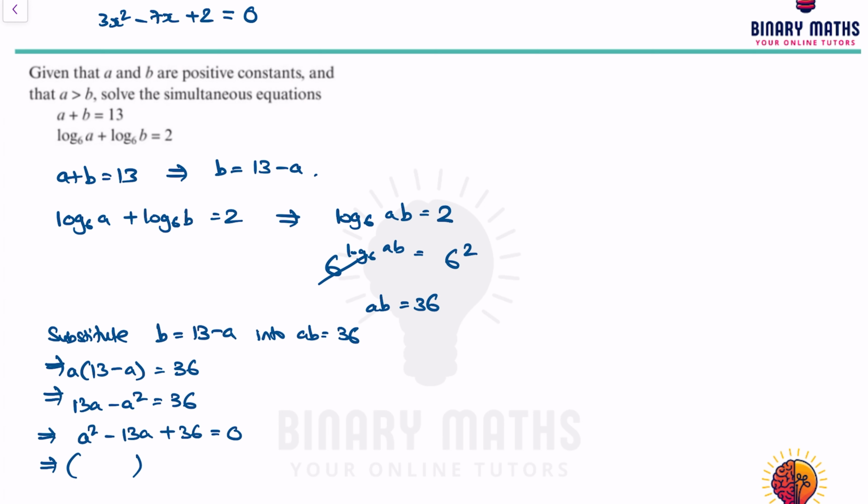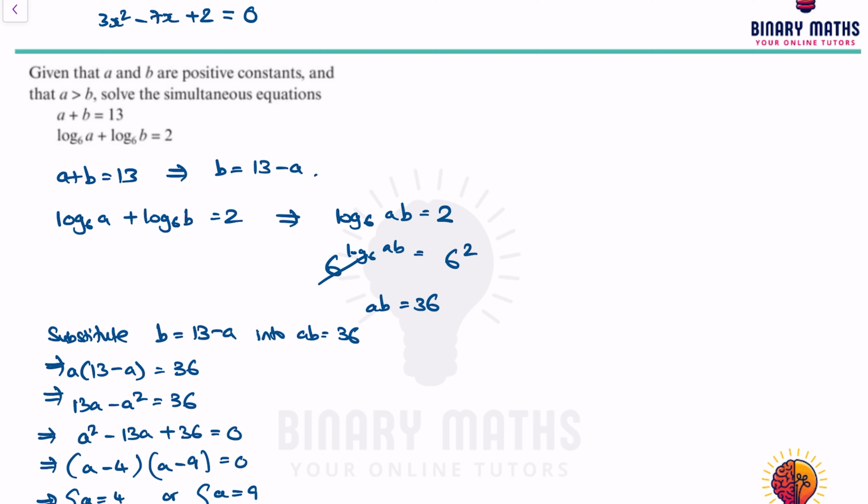I factorize this: to get positive 36, I must get minus 9 here and minus 4, which means I get minus 4a minus 9a, which is minus 13a, which implies a is equal to 4 or a is equal to 9. Now, if a is equal to 4, then b must be equal to 13 minus 4, which is 9, or in this case, b must be equal to 13 take away 9, which means b is equal to 4. So these are the two solutions.